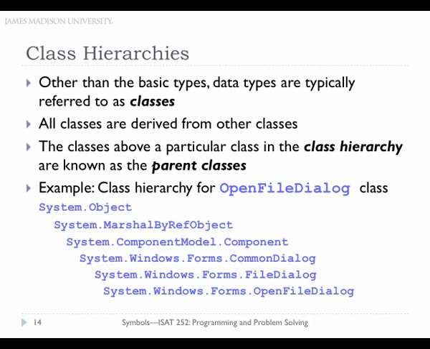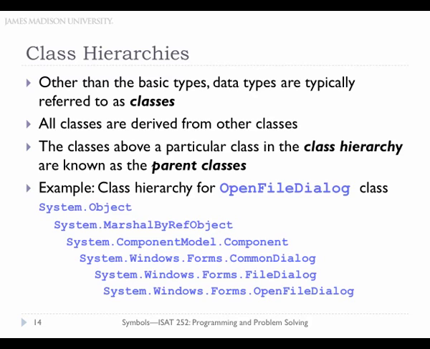So here's the example of the class hierarchy for the Open File Dialog class, which you used in the last slide. Open File Dialog inherits its properties from the File Dialog class, which inherits its properties from the Common Dialog class, which inherits from the Component class, which inherits from the Marshal by Ref Object class, which finally inherits from the System.Object class.